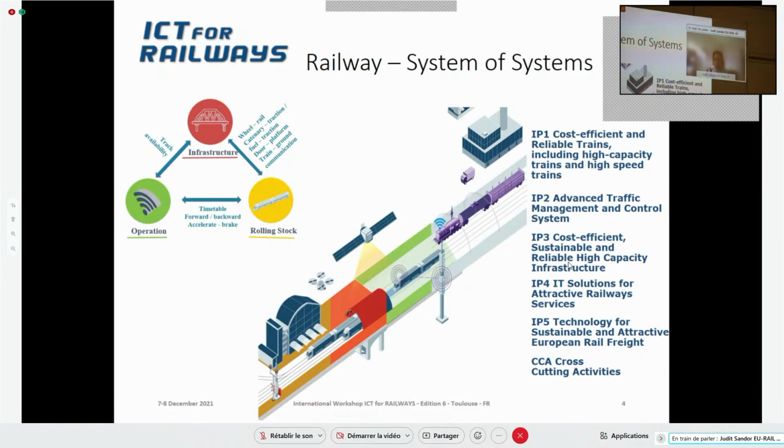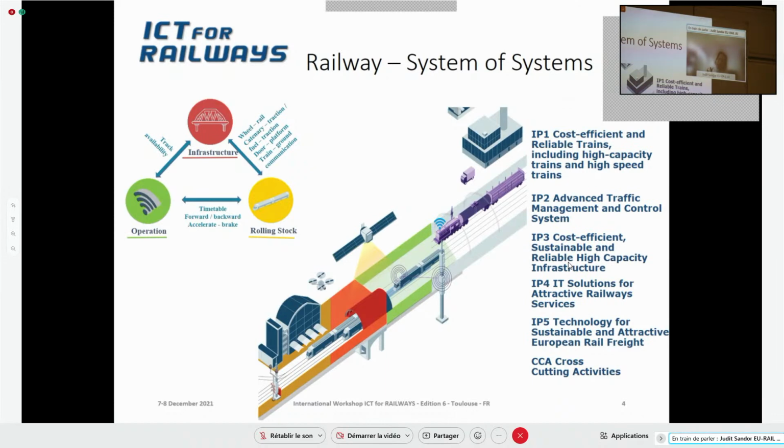Also when we are looking at it globally and not only in Europe. So within these cross-cutting activities, there was one area specifically on standardization.